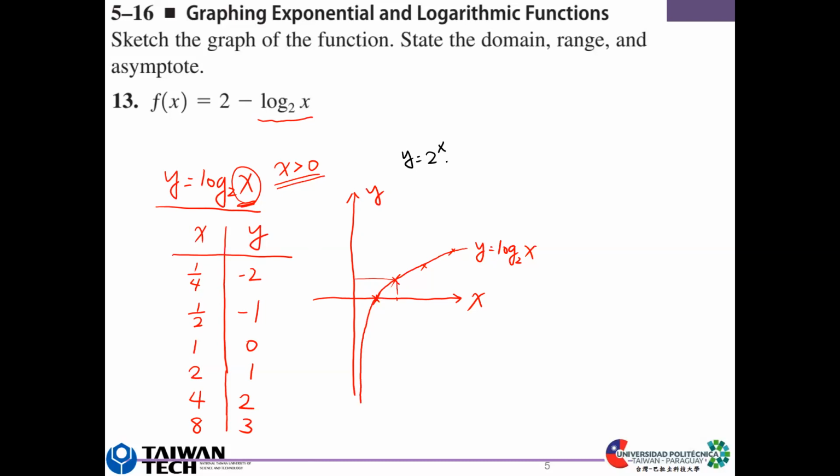Okay, good. How about y equals 2^x. So again, I use black. This is x.